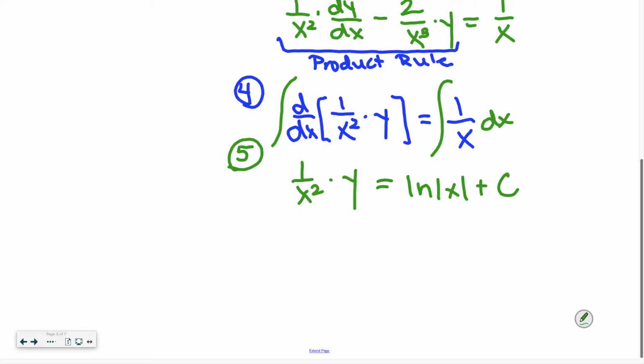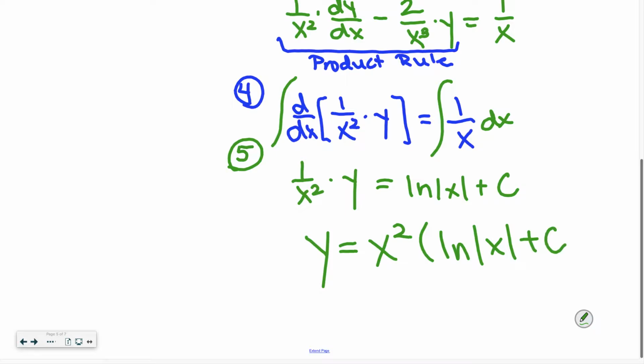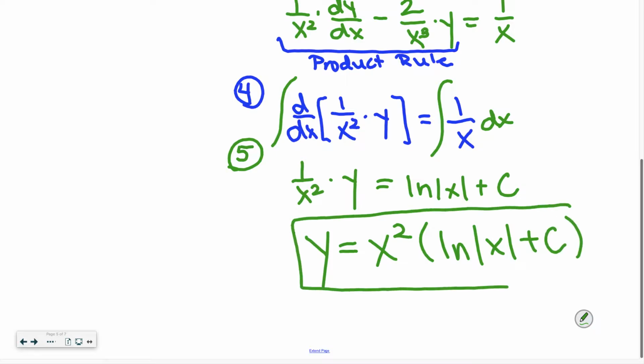Look, guys. Look. We did it. We can solve for y. We can multiply by x squared, and we have a general solution to our differential equation.